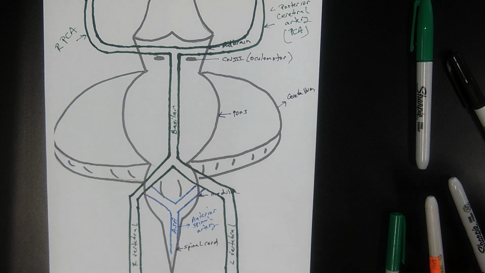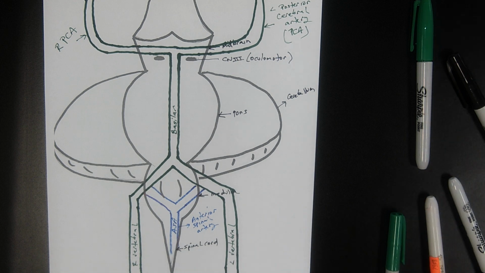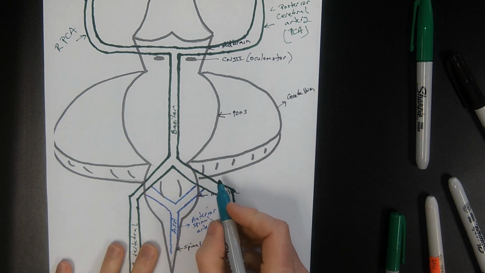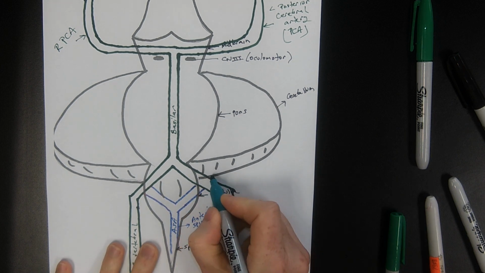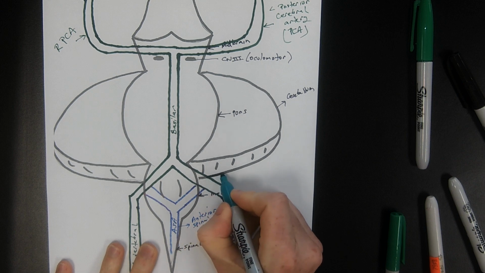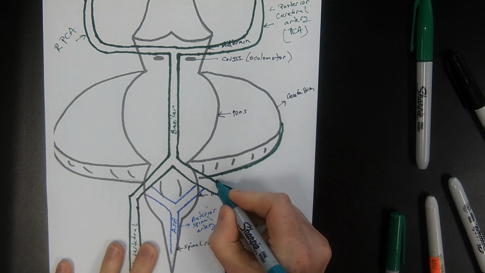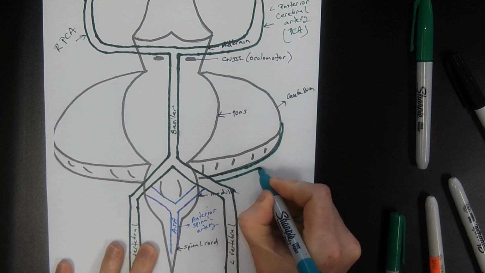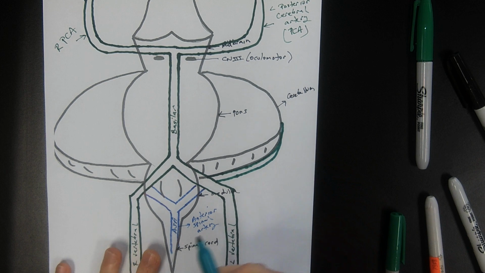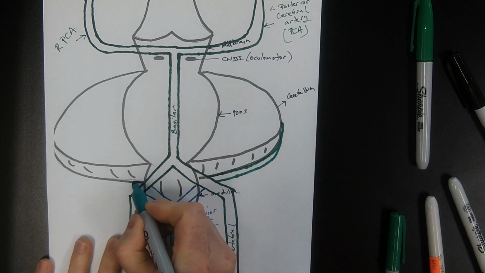Okay. And then the next one is going to be coming off, again, the vertebral artery on the other side. It's going to come off the left and right vertebral, and it's going to be responsible for supplying blood to the posterior inferior surface of the cerebellum.